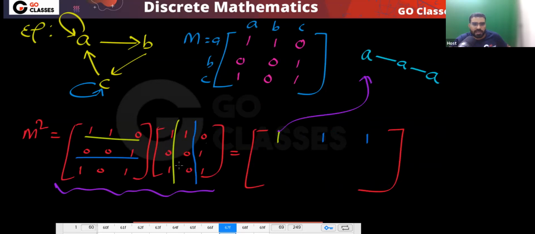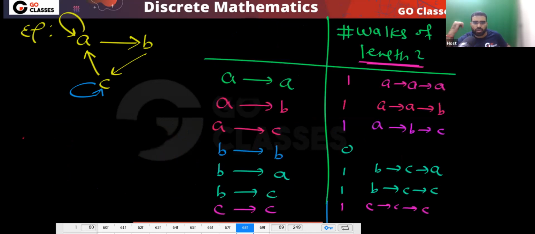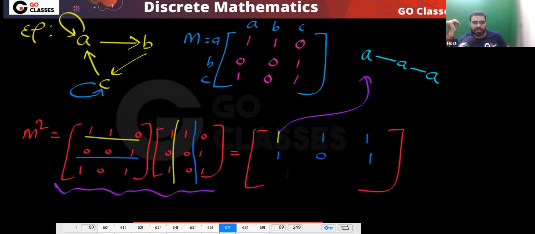You multiply with 101, then you will get 1. 001, here you will get 0, and 001 you multiply with this, that will be 1. And this is the same data you are getting from B to ABC, 101. And similarly, from this you can notice 101.